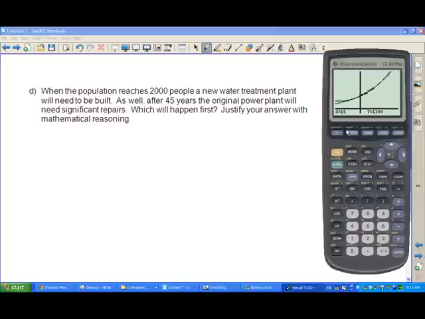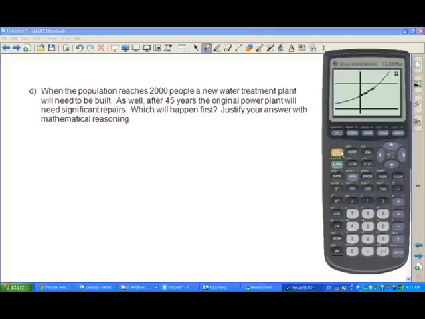To make this a little bit more clear, on the calculator, I'm going to clear my quadratic equation, since I know that's not the one I'm concerned with. So there's my exponential curve. I'm going to graph the line y equals 2,000. What I need to find is the intersection between those two curves.